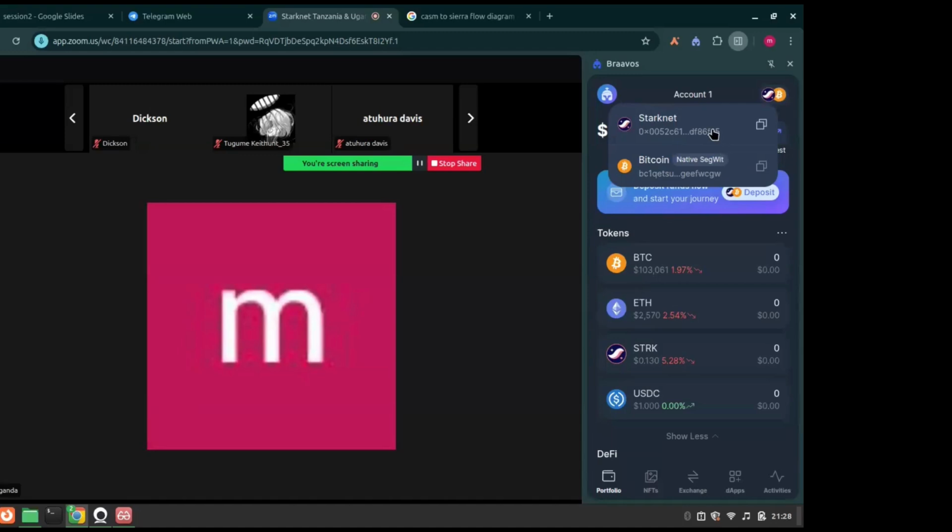In your smart contract, you are supposed to specify where the money is to be gotten from to pay the gas fees. And this gas fee has to be in STRK.